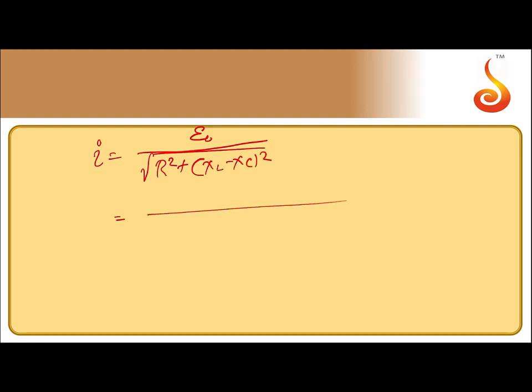What is the value of E naught? 220. Square root of 20 square plus, this is inductance and resistance, no capacitance, so this term becomes 0. This is nothing but 2 pi F L, frequency is 50, 0.2, whole square. So this turns out to be 3.3 ampere.